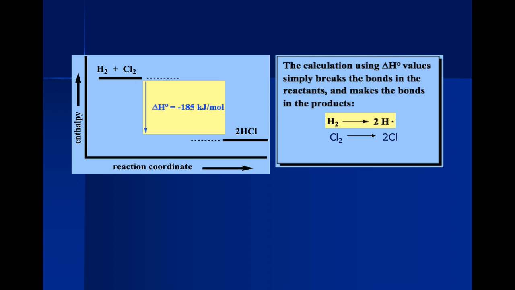And hydrogen can dissociate and give you 2 hydrogen radicals. And so if those combine, you should end up with HCl. However, this isn't how the reaction actually occurs. It's not really 2 hydrogen radicals plus 2 chlorine radicals going to 2 HCl. The mechanism is a little more complicated than that, and we'll talk a little bit more about that as well.